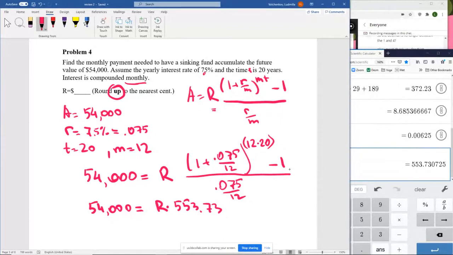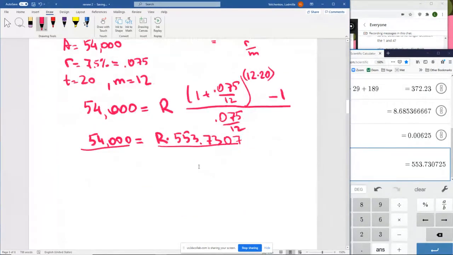Yes, 5 digits. So we need more for intermediate answers. Okay, and now we solve this equation for R. So we want to isolate R on the right. So we must divide by this 553 point and so on, on the right and on the left.